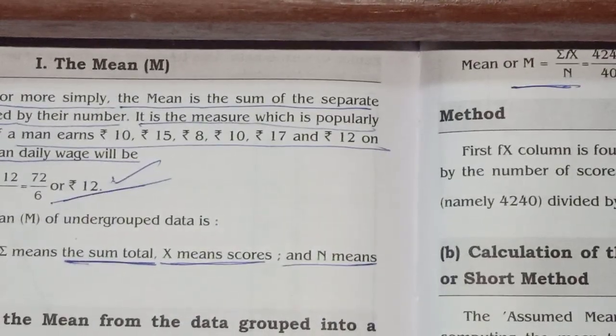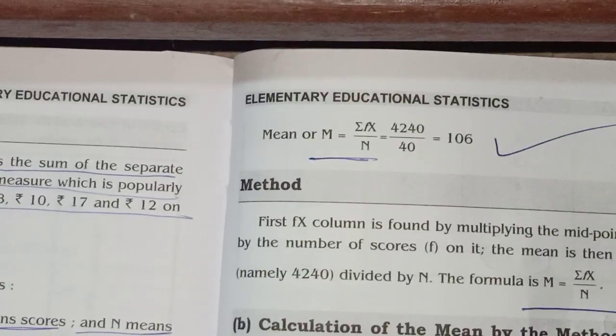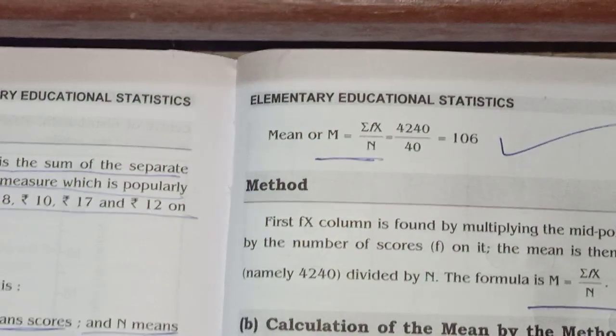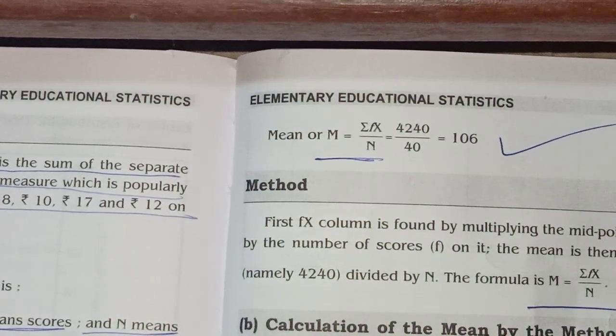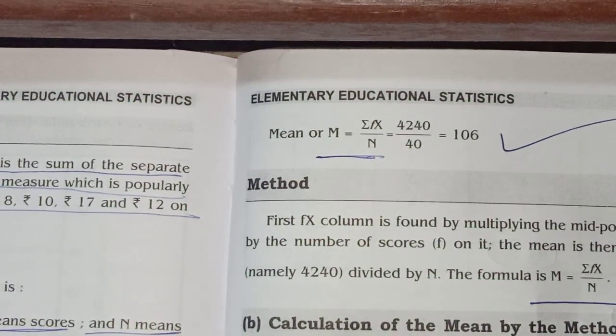This is a very simple formula if you understand it, and if you don't understand it, then it will be complex, compound, and then your head will start paining. All these things will happen. Okay, I think you all have understood well.